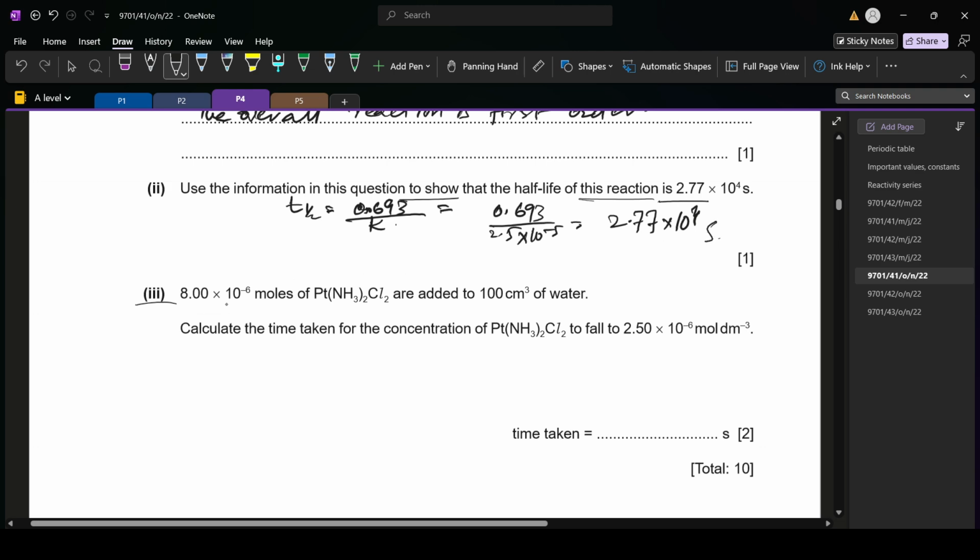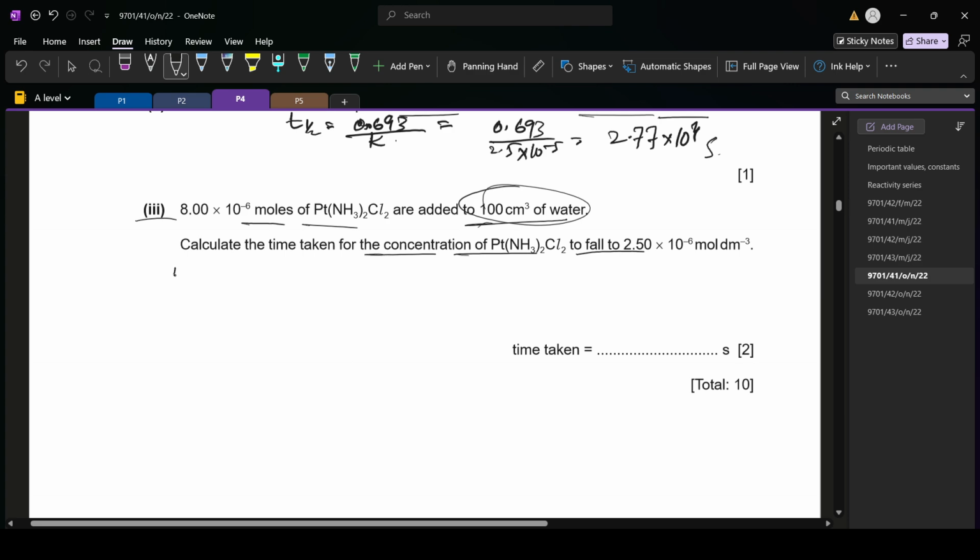Okay, now 8.8 into 10 to the power minus 6 moles of cisplatin are added to 100 cm cube of water. Calculate the time taken for the concentration of cisplatin to fall to 2.5 into 10 to the power minus 6. So firstly, let's calculate the initial concentration.